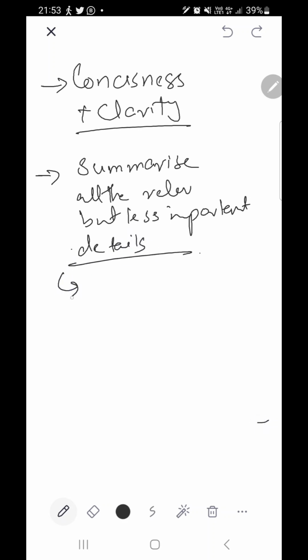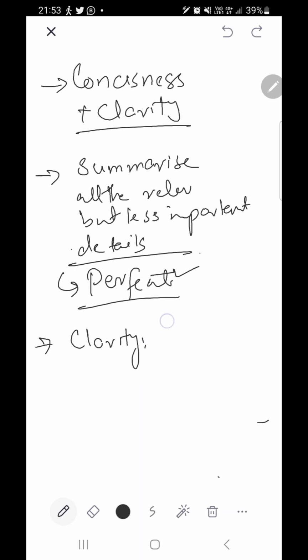So you should develop your skills to summarize. Normally we use the perfect form of the tense while summarizing this information. Now clarity, in simple words, is the flow. We also need connecting devices.